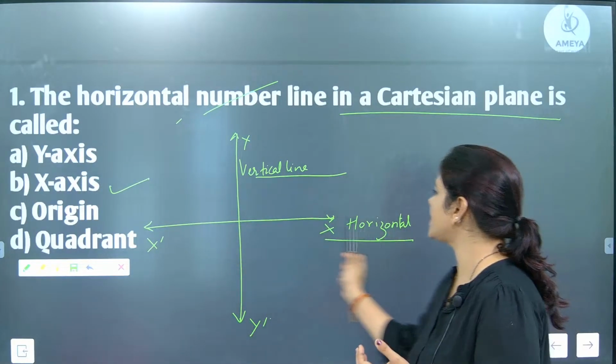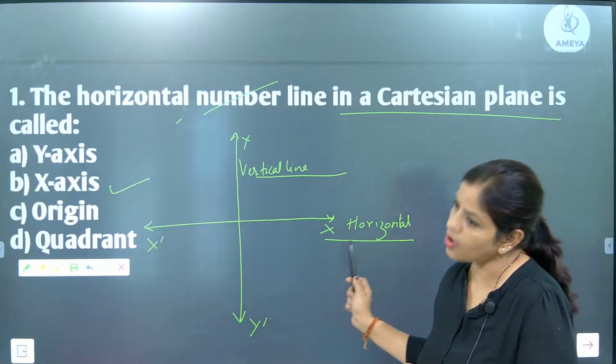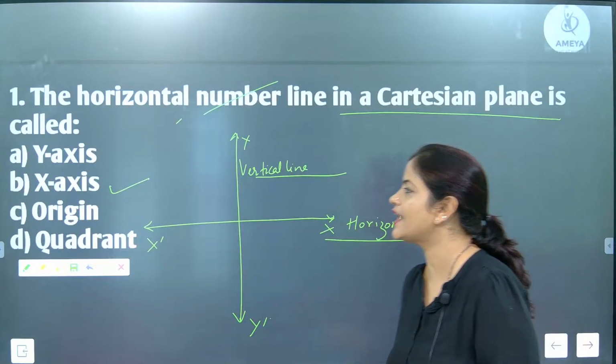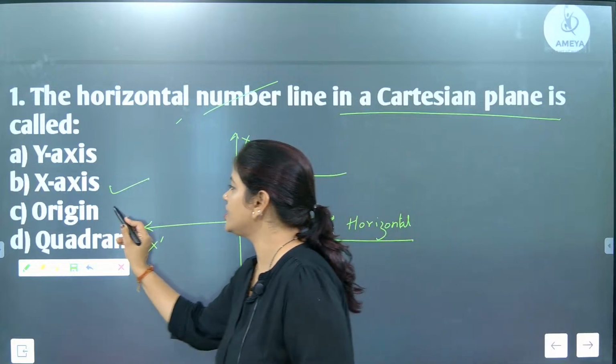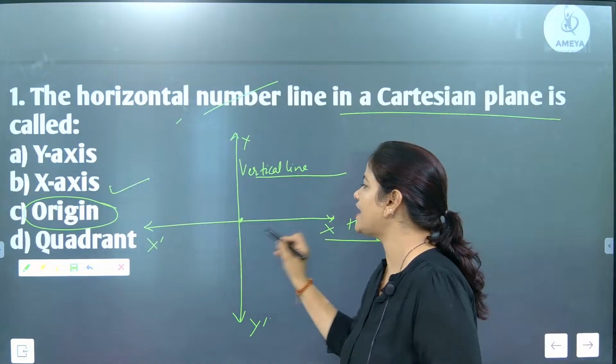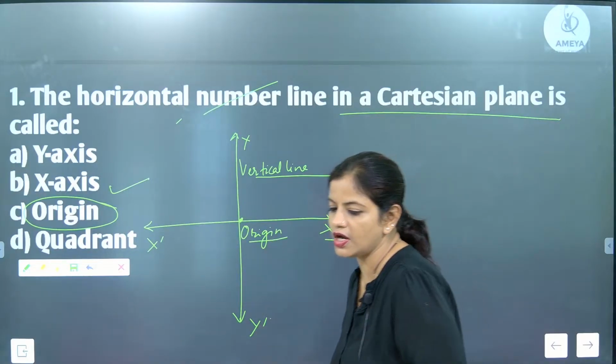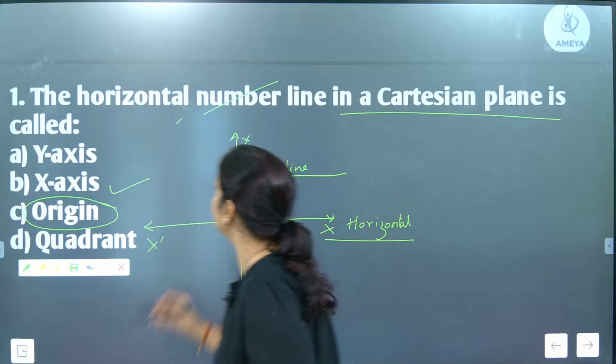So the x-axis is the abscissa, and it is also called the horizontal line. And this part is called the vertical line. Where is the origin? The point where the horizontal and vertical lines meet is called the origin.